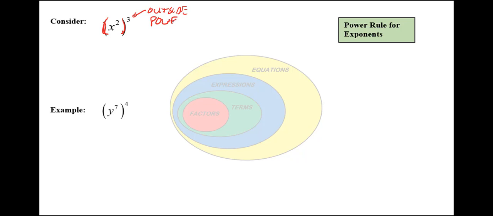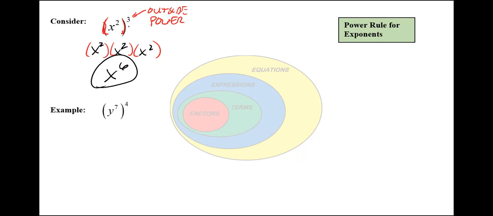If we apply that power, then it's basically saying we need 3 copies of the factor that's inside. So this would be like writing 3 factors of x squared multiplied together. That's what powers represent, repeated factors. So when I have repeated factors, I'm just adding up exponents. So this is 2 plus 2 plus 2, or it'd be the same as x to the 6th power.